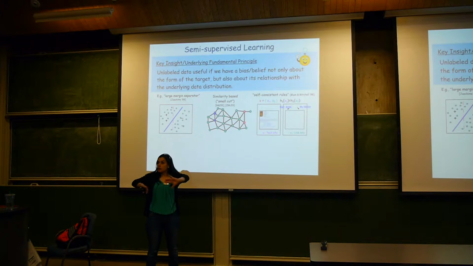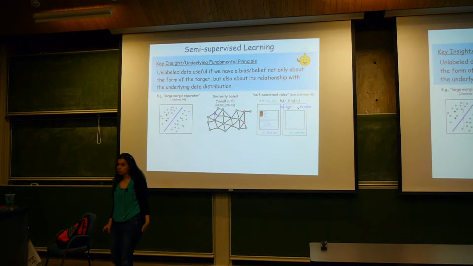The underlying belief is that two similar points must have similar labels, so if I have an edge between two points, that means they are similar, so when I partition the graph, I want to make sure that I have very low weight across the cut, in order to satisfy the underlying belief that similar points must have similar labels.